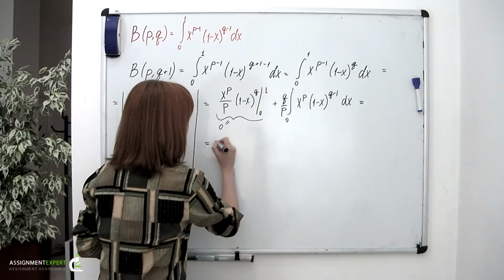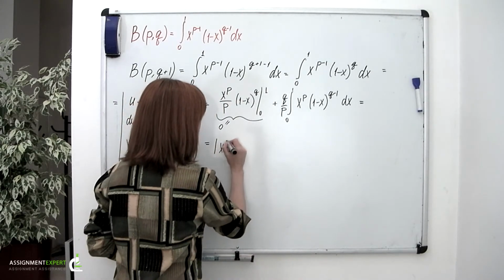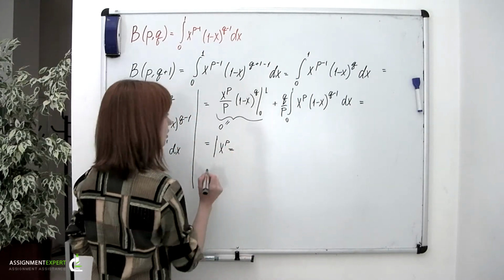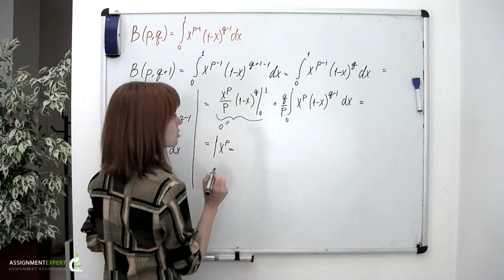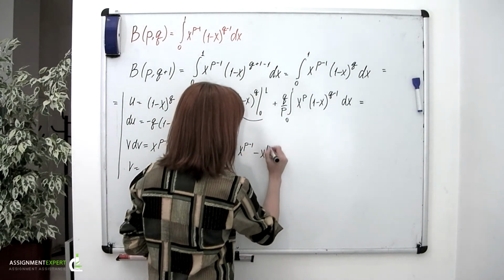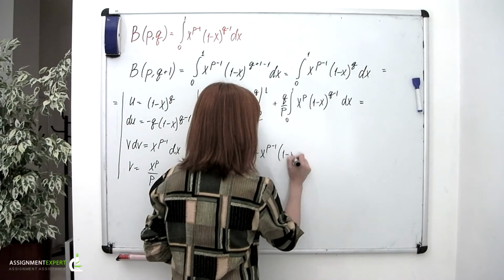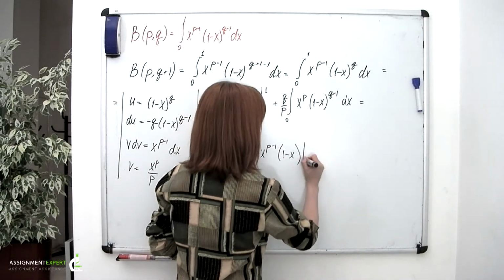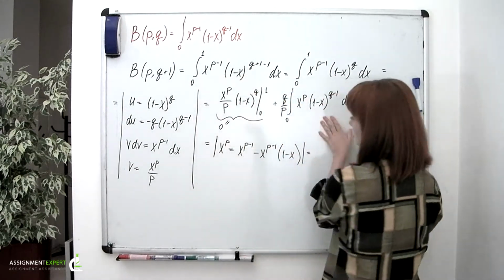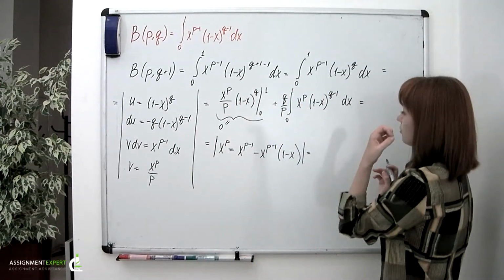And keeping in mind that x to the p may be presented as x to the p minus 1 minus x to the p minus 1 times 1 minus x, and substituting this into this integral, we'll obtain the following.